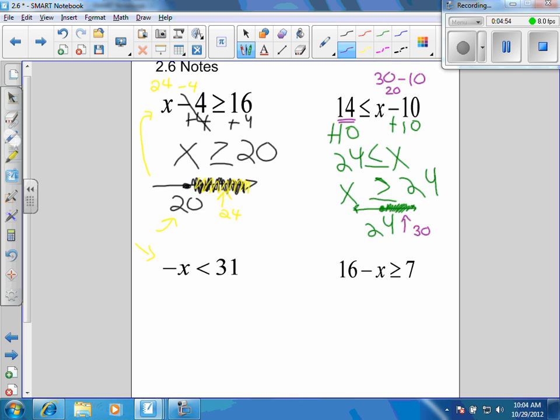So if he had shaded the other side by accident, I would have picked like 20 and found out that it didn't make sense. 20 take away 10, what's that? 10, right? And is it true that 14 is less than or equal to 10? No. That's why we didn't shade on this side, because it's not true.